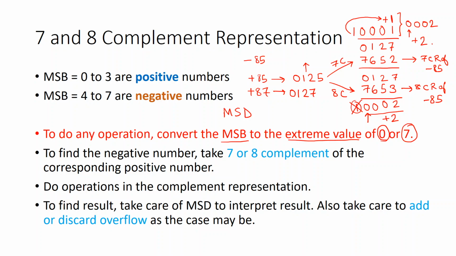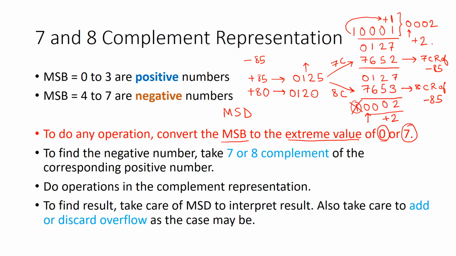Let me show you an example where we are subtracting a larger number from a smaller number. So here we subtracted 85 from 87. Let us subtract 85 from 80. So 80 will be 120, I guess.